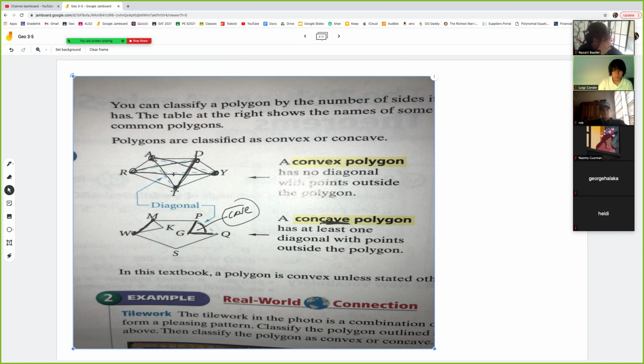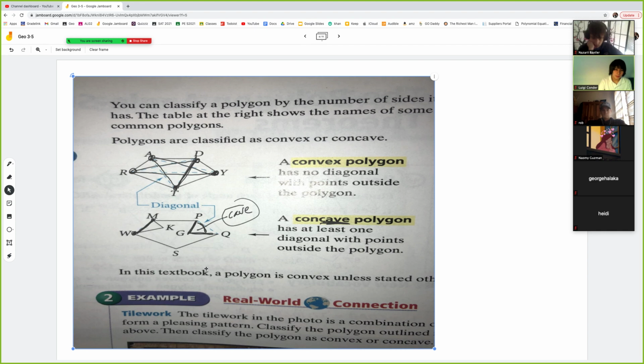We have the naming of it with the letters, the type of polygon, like pentagon or heptagon, and whether it's convex or concave. Those are the three different ways that we classify polygons.